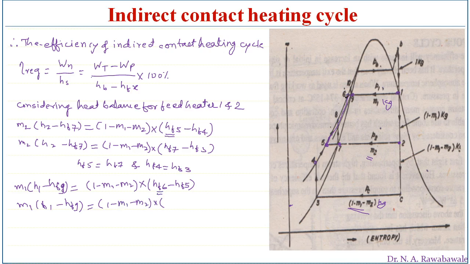0.6 and 9 are very close, so enthalpy at 0.6 is equal to enthalpy at 0.9. So HF9 we write minus HF5, and HF5 is equal to HF7, as we have already assumed. So what is the assumption? HF6 is equal to HF9 and HF5 is equal to HF7. So here pump work is neglected. I am neglecting this pump work.